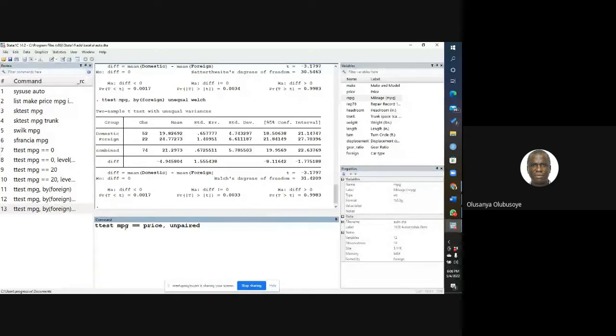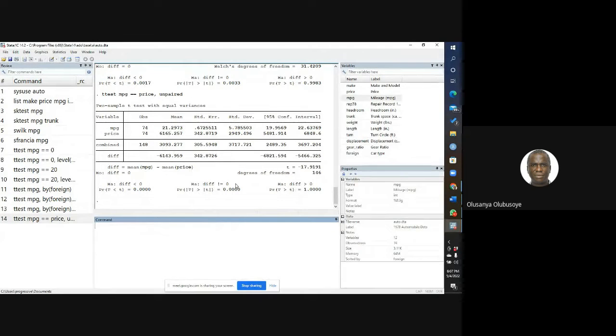I'm testing whether the population mean of MPG is the same as the population mean of price, and the variables are unpaired. In other words, there is no relationship between them. So this is the outcome of this test.